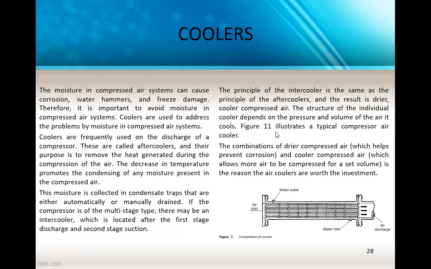The structure of the individual cooler depends on the pressure and volume of the air it cools. So figure 11 illustrates a typical aftercooler, a typical compressor air cooler. Ito is one pass. Normally, may makita ka sa mga site, makikita mo dyan, one pass yan ng air.